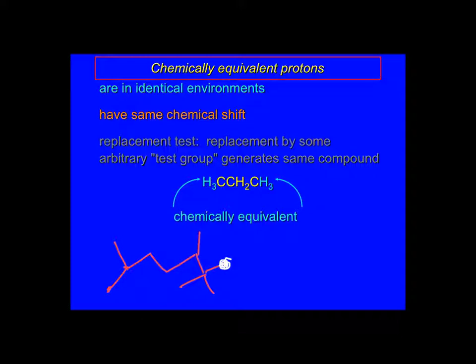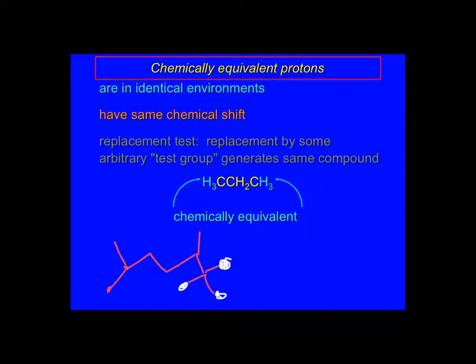Nine is correct. The reason being is each methyl has 3. There's 3 there, there's 3 there, and 3 there. So that's 9.